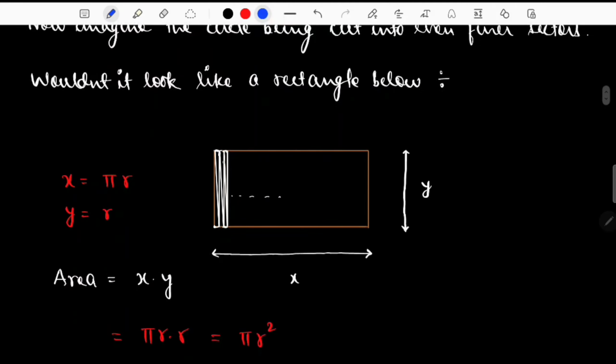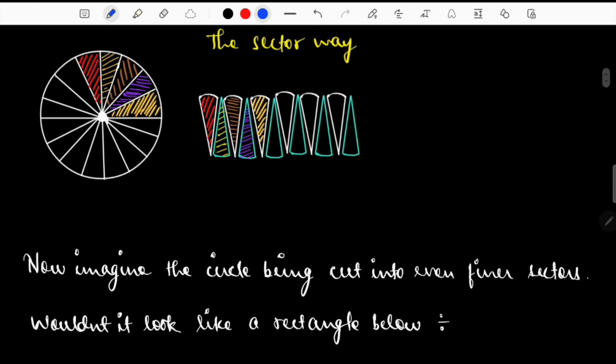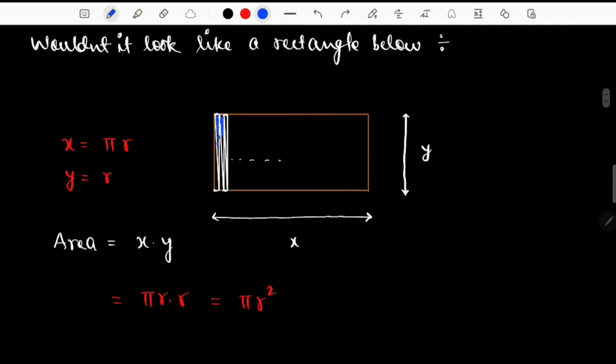It would look something like this, right? Each of these individual sectors would be this thin. And when you stack them up, it would form literally a rectangle. Here it was close enough to be a rectangle, but when you make these sectors thinner and thinner, you would actually get a rectangle out of it, right?